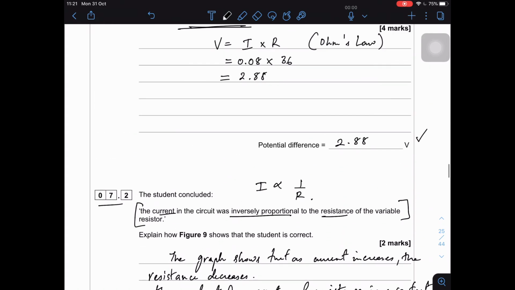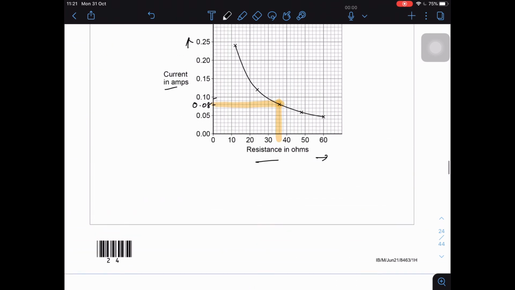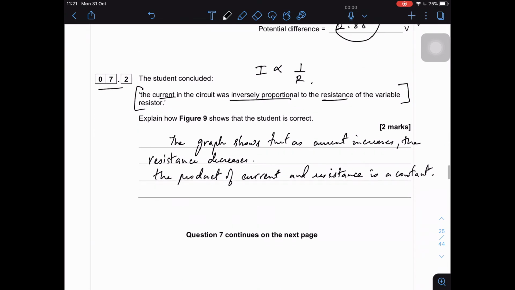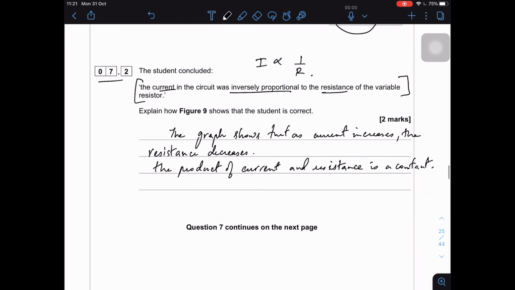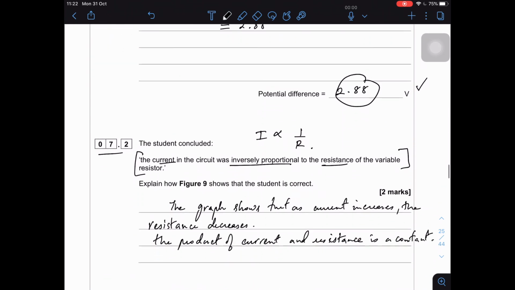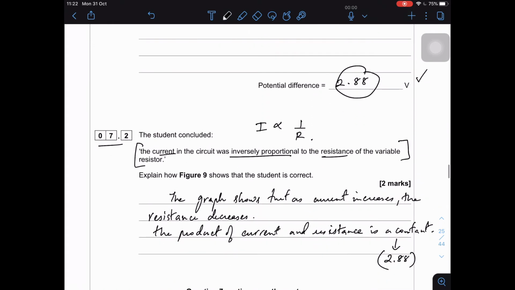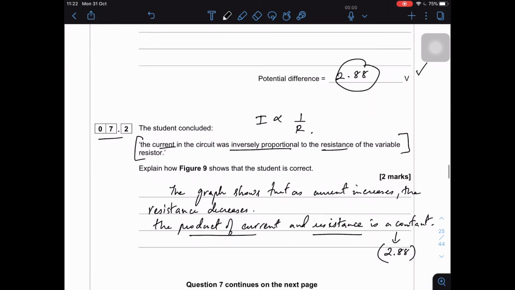Okay, that means at any point you take any of these values and multiply it, you should get the same number, which is 2.88. So the product of current and resistance is a constant, which is 2.88.